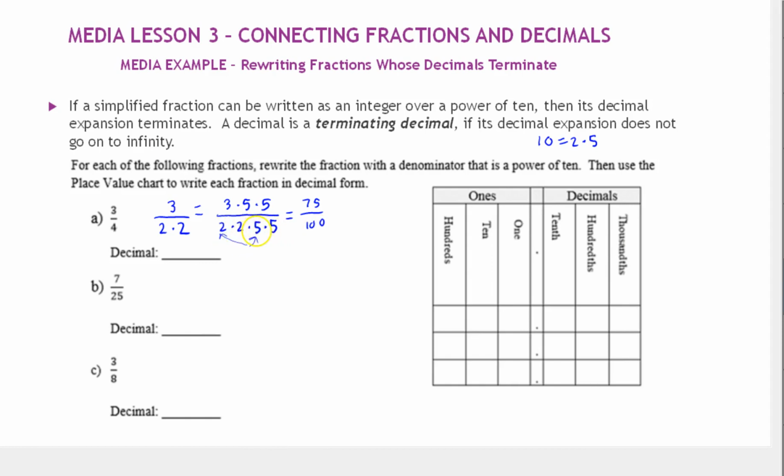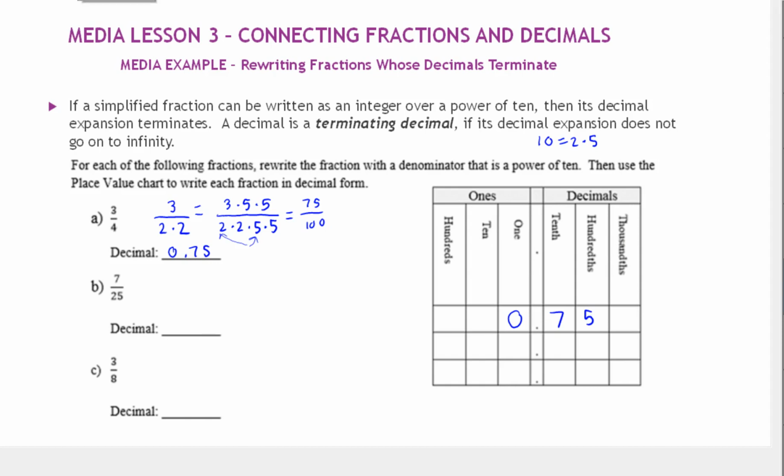This 2 times 5 gives us 10, this 2 times 5 gives us 10, and 10 times 10 gives us 100. I intentionally made this happen so we'd get a denominator of 100. In our decimal chart, this is 75 over 100, in the hundredths column, and we have 0.75. That corresponds to what we saw before.